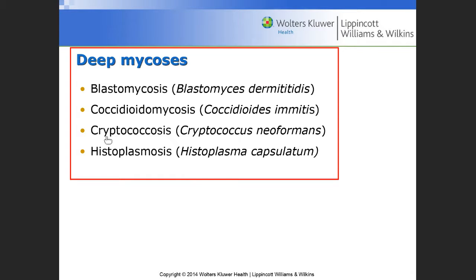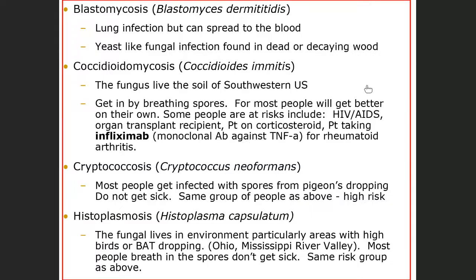Others might be transmitted by bat, or occur in certain dry areas where it's easy for fungal spores to pass around, and that's where you might inhale the spores. Okay. Here are some key points I mentioned to you. With Cryptococcus neoformans, usually one will get it through pigeon droppings.